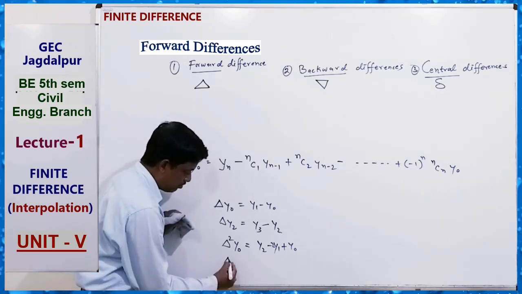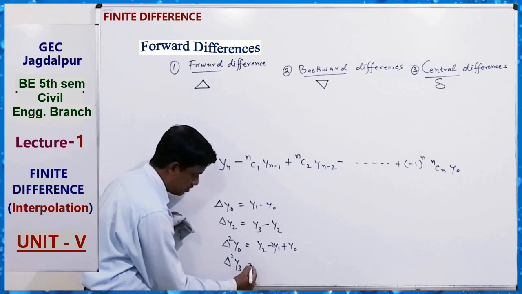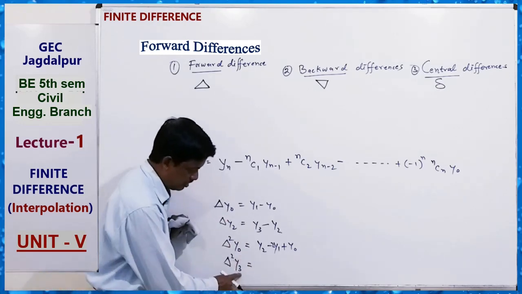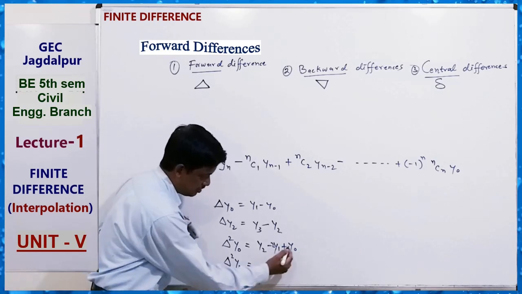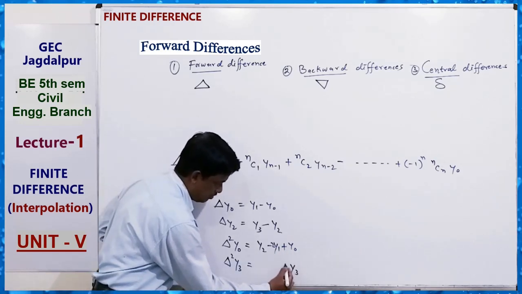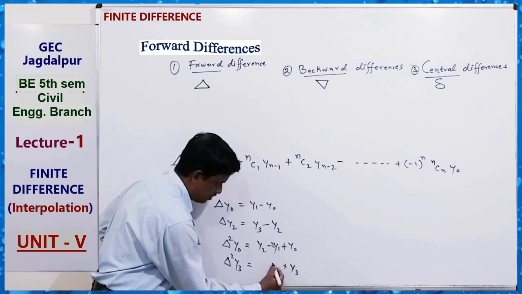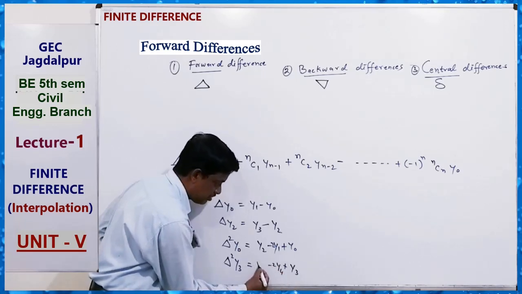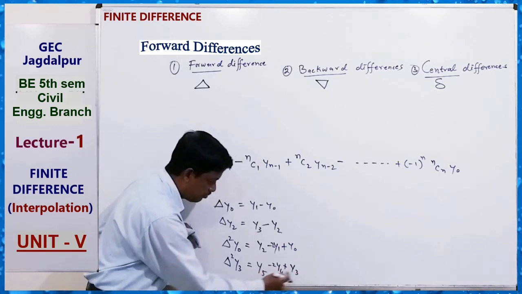If we want to write the second order difference at argument 3, it will start from 3: y5 − 2y4 + y3, that is the entries 3, 4, 5.